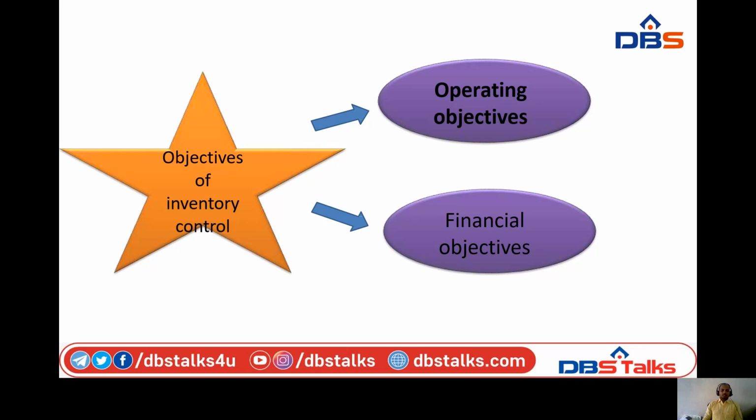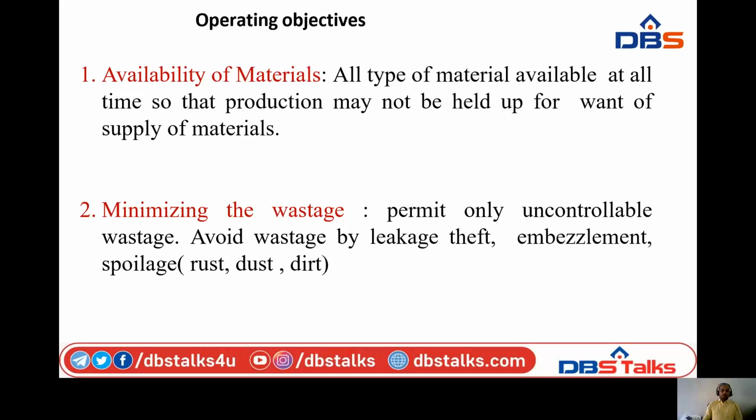Financial means where there may be the capital investment. That means initial or capital cost or holding cost, direct cost, indirect cost. These are the financial objectives, and operating cost is during the process of manufacturing.